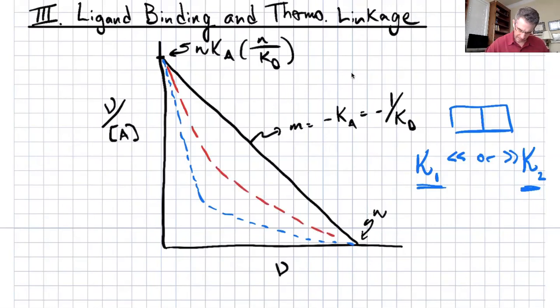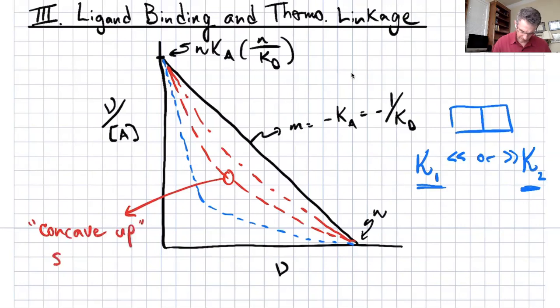Still deviates, it's not linear, but it's curved, a so-called concave up plot, right? Sort of a scatter plot.